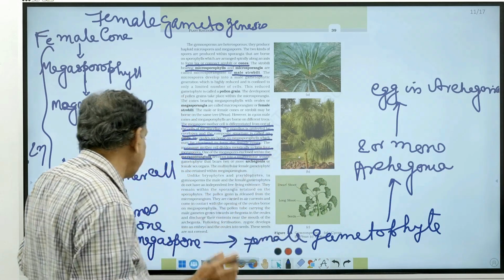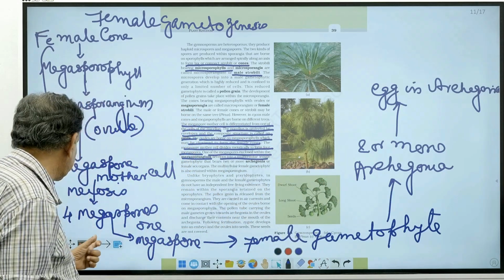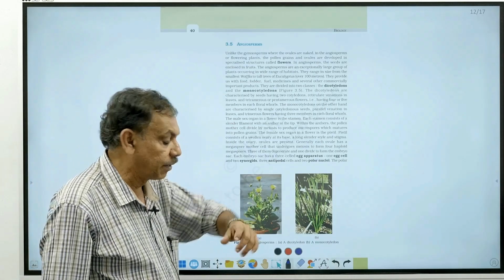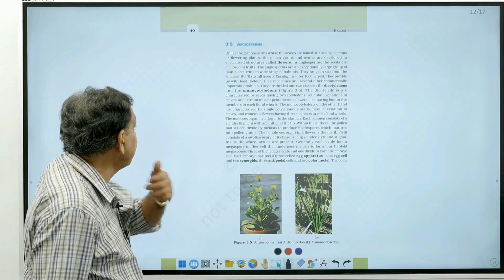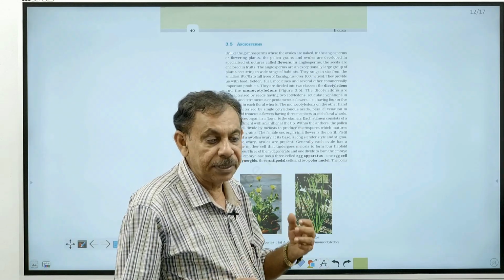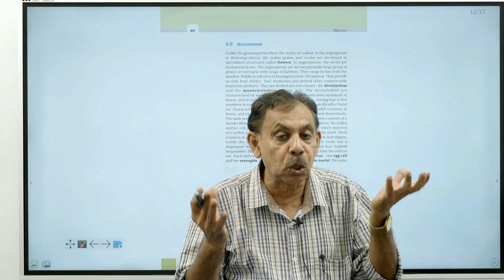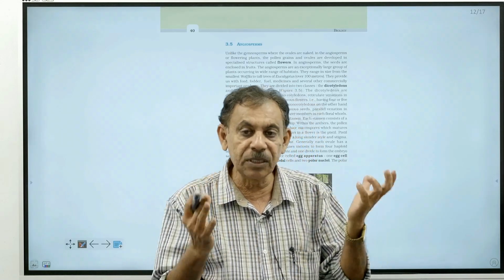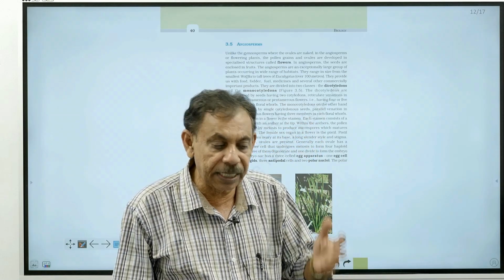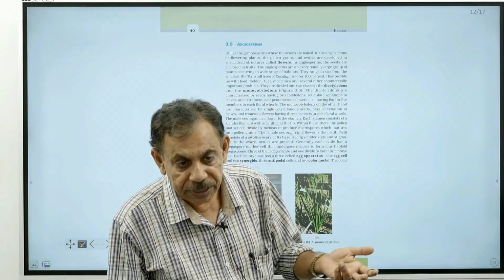This is the cycle. Now we are going to see angiosperms. Angiosperms are flowering plants. Gymnosperms produce cones, which is a simplification of a flower. But the main thing is they come under phanerogams, the seed producing plants.